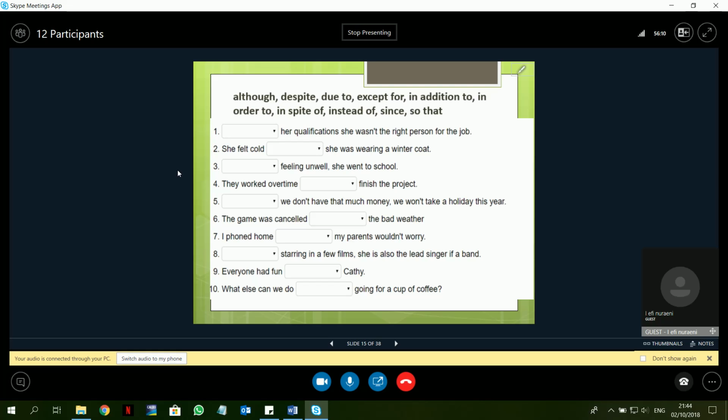Nah, due to itu karena, tapi diletakkan di tengah. Dan biasanya diikuti dengan noun.